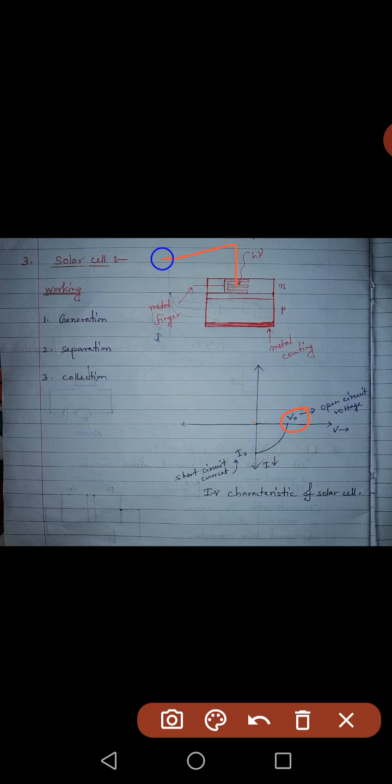But as it is connected with an external circuit, suppose some resistance, then current starts flowing. As the current starts flowing, the value of the voltage keeps on decreasing. The potential is decreasing, the current is increasing, and this Is is called the short circuit current.